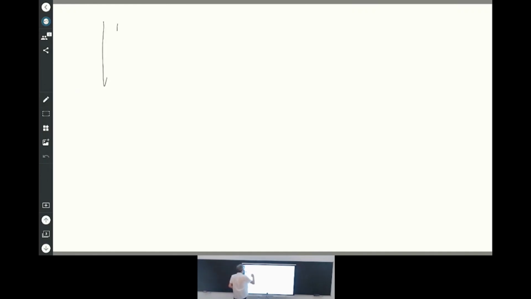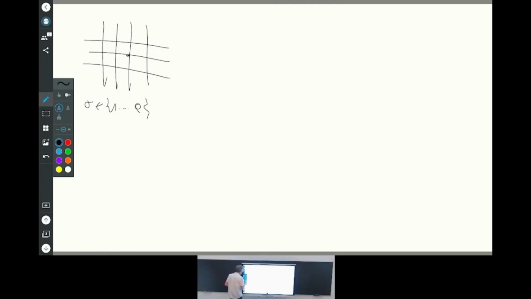So you have, let's say, a square lattice, and each node has some discrete variable which takes q values. Basically what you want to do is to connect the nodes where this variable is the same. So let me connect like that.